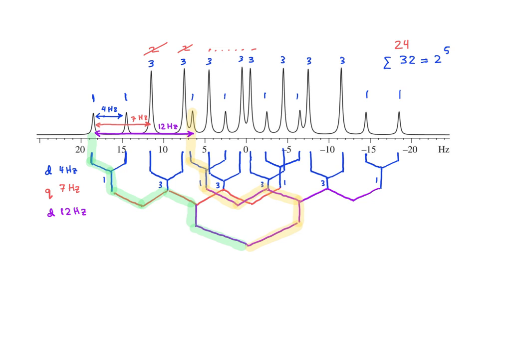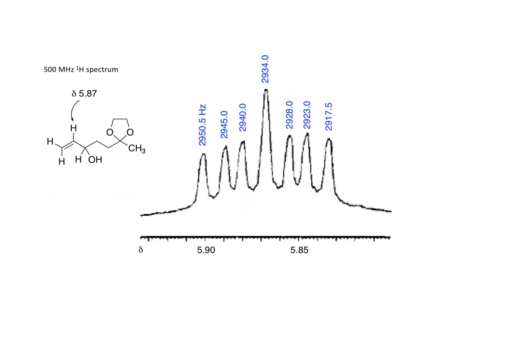Let's go to some spectra that are not simulated. This is an example from Hoye's paper. We see 7 lines, but it's not a classical septet because it doesn't fit Pascal's triangle. But we can apply the same principle.